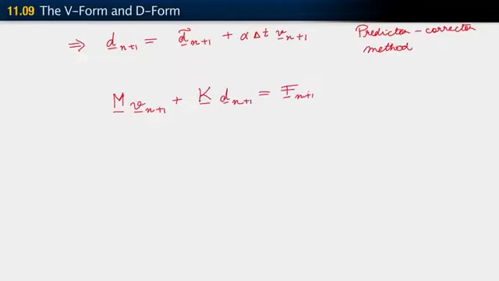And the way we can do that is to essentially use for dn plus 1 here this predictor-corrector form. Okay? So, substitute predictor-corrector form for dn plus 1.